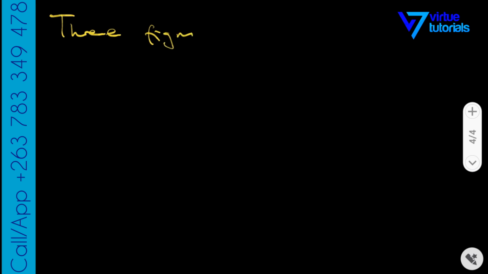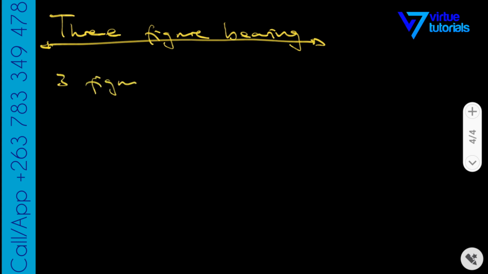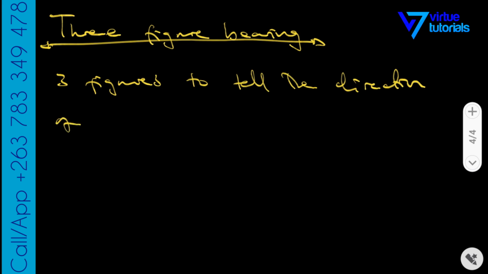The 3-figure bearing simply uses 3 figures to describe or to tell the direction of one point from another.